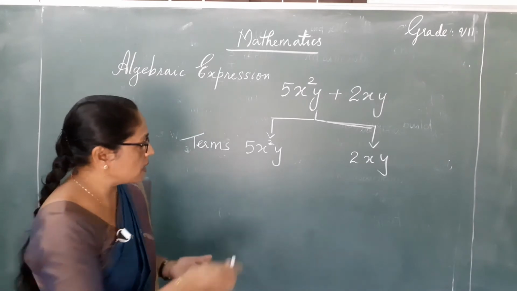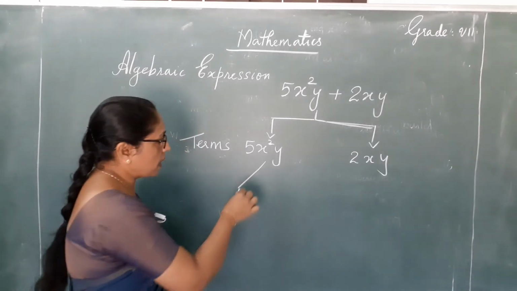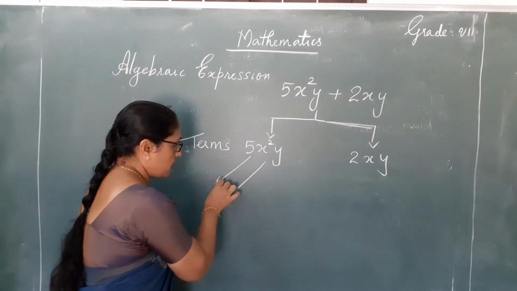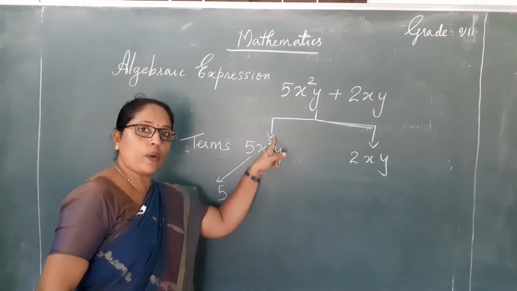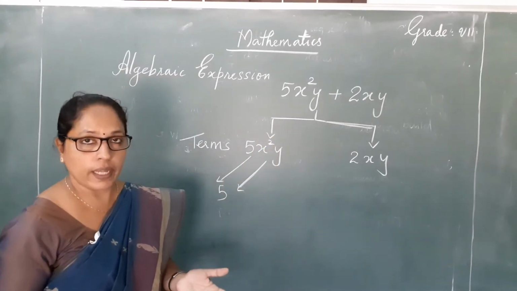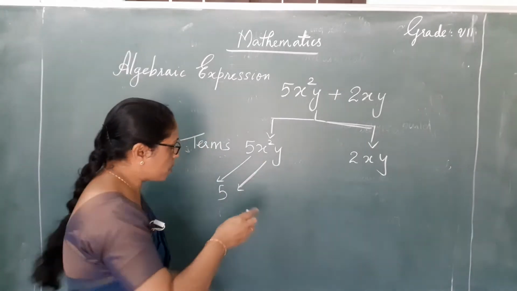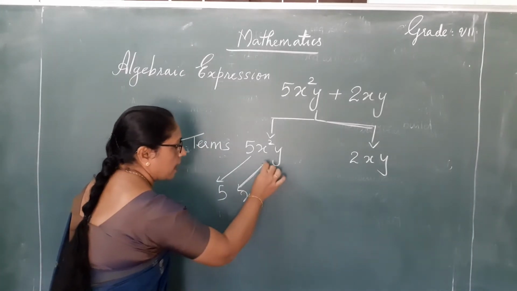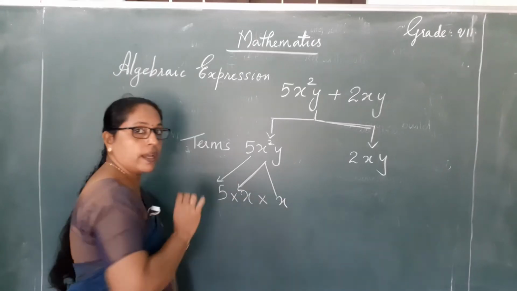Look at the first term. Which are the factors? The first factor is 5, the second factor is x squared. What is the meaning of x squared? Multiplying x two times. So x, again x: 5 into x into x.